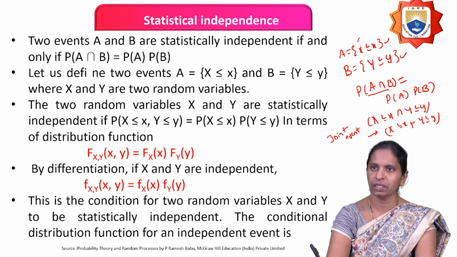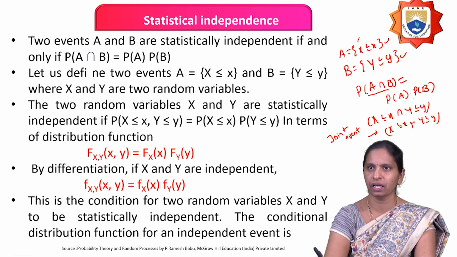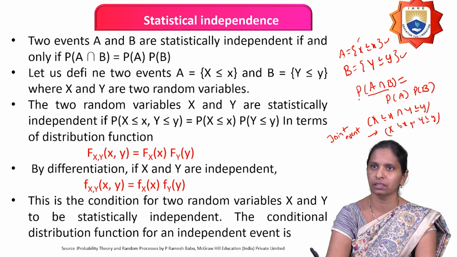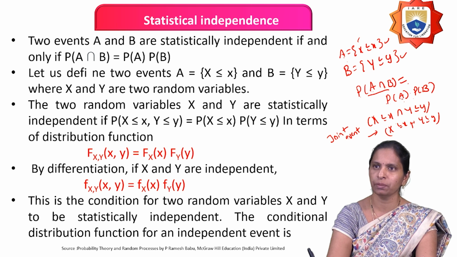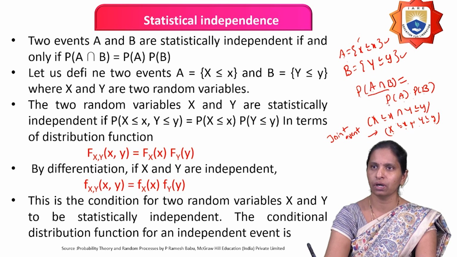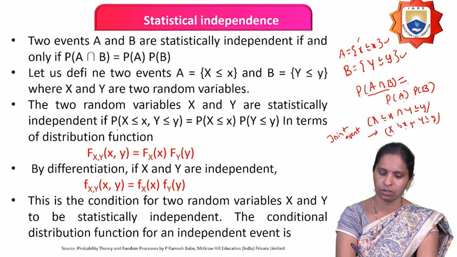Now, if these two events A and B are independent, then what is the condition here? The probability of the intersection of these two events is equal to the product of the probabilities of the individual events A and B. So the probability of the intersection event, X less than or equal to x and Y less than or equal to y, is equal to P of X less than or equal to x into P of Y less than or equal to y.